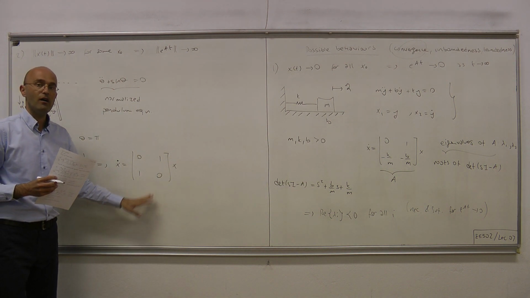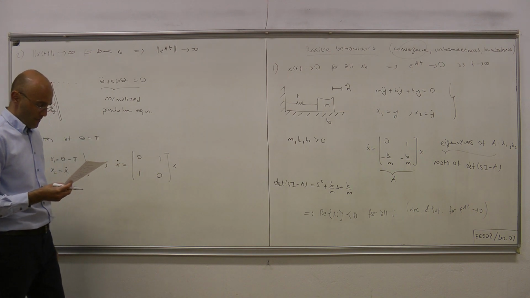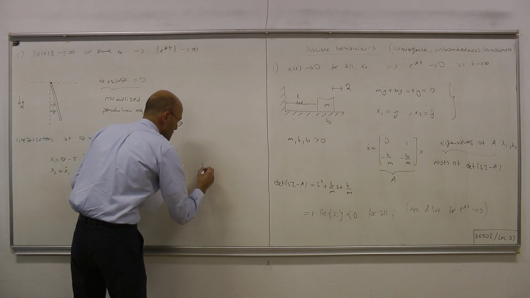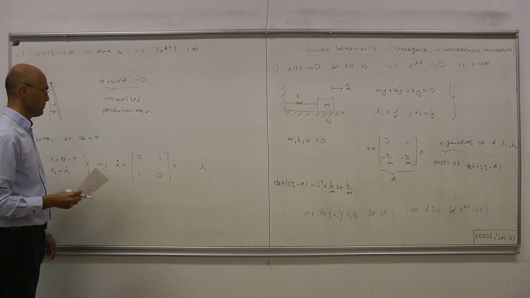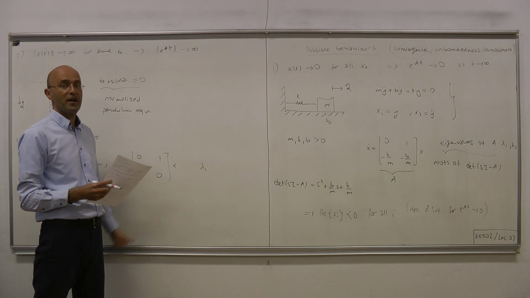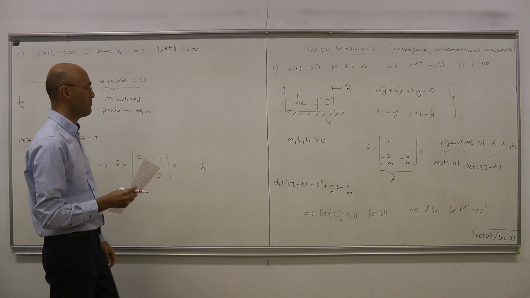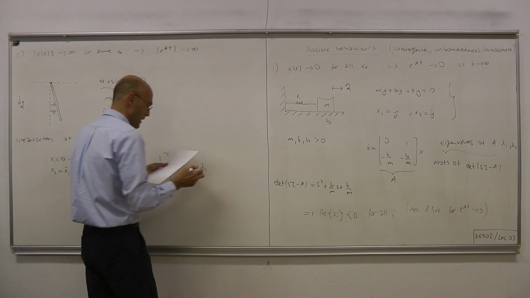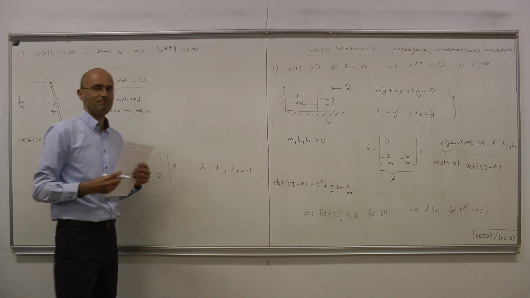Okay, this is now our A matrix. Now the eigenvalues, or the roots of the determinant of sI minus A, are very easy to compute. The characteristic polynomial turns out to be s squared minus 1. It has two roots, one at plus 1, the other at minus 1. Therefore, the eigenvalues are at 1 and minus 1.